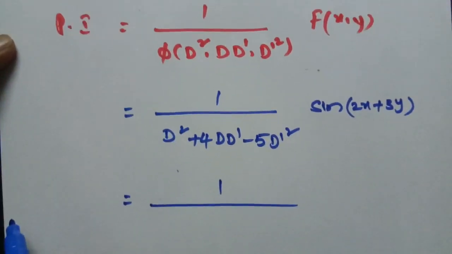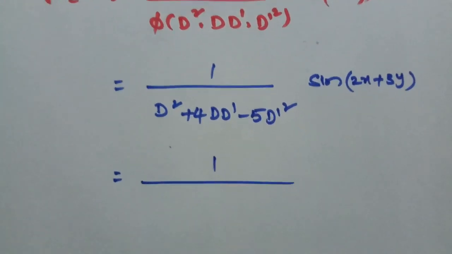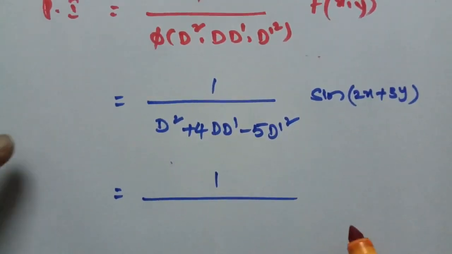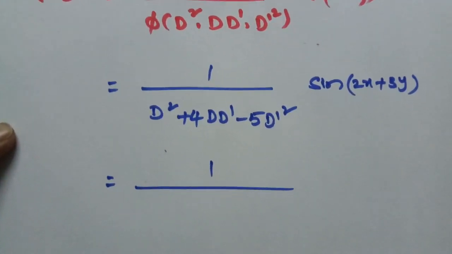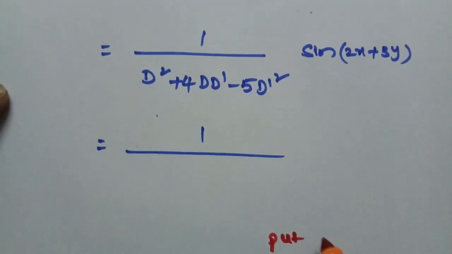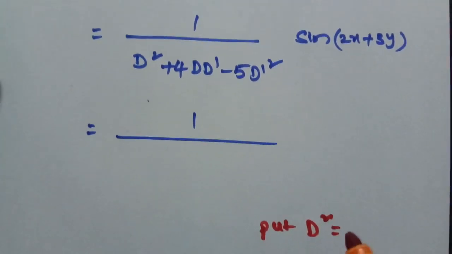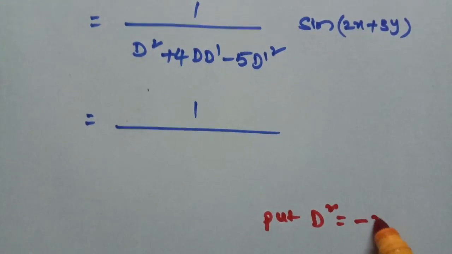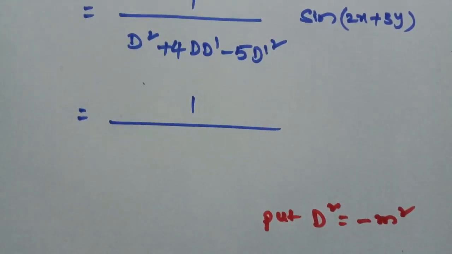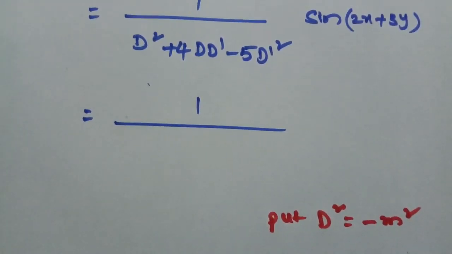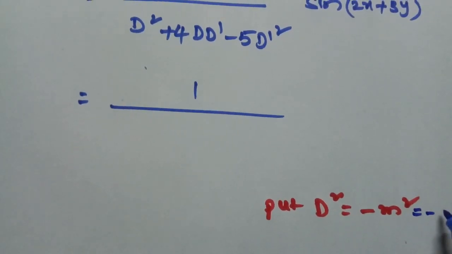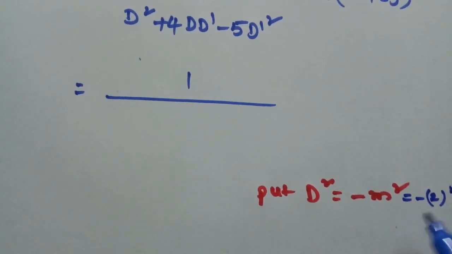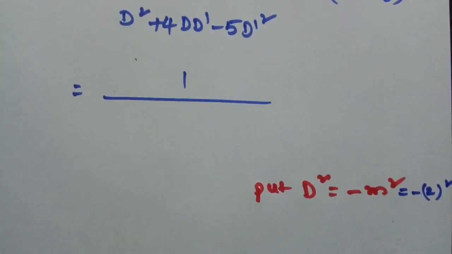Therefore, this is equal to 1 by, put D square equal to minus m square, here m is 2, minus 2 square, therefore minus 4.